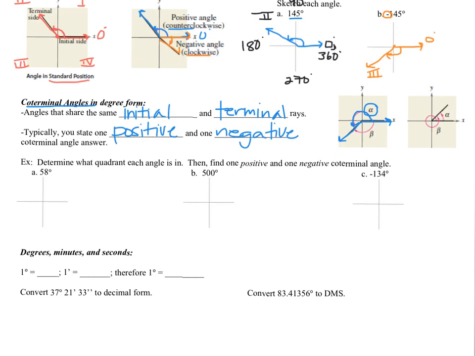However, you can also go in a clockwise direction and get to that same terminal ray. It's a different measure, but it ends up at the same spot, and that's beta. That's how they identified that angle's measure. Since they share the same terminal side, alpha and beta are coterminal angles.